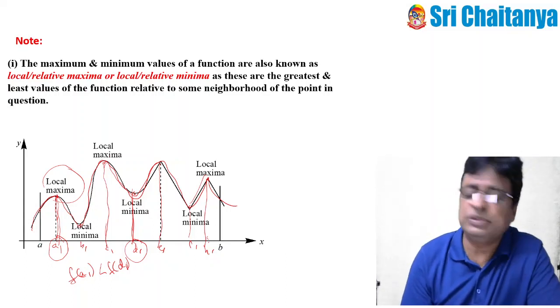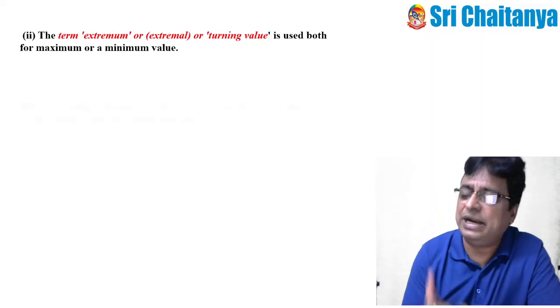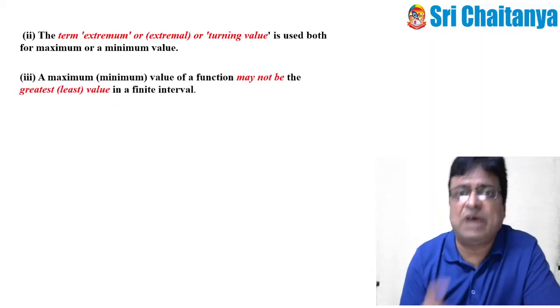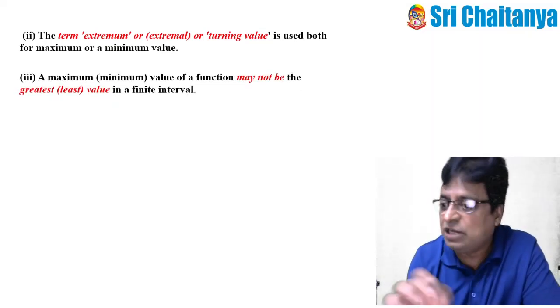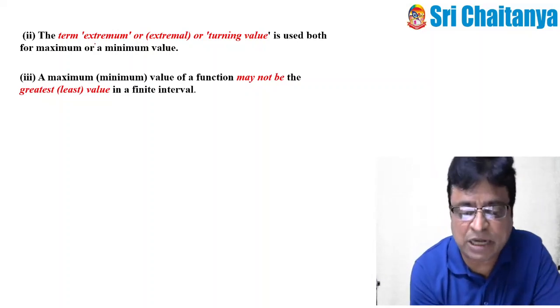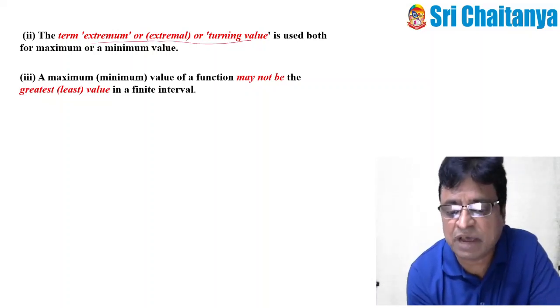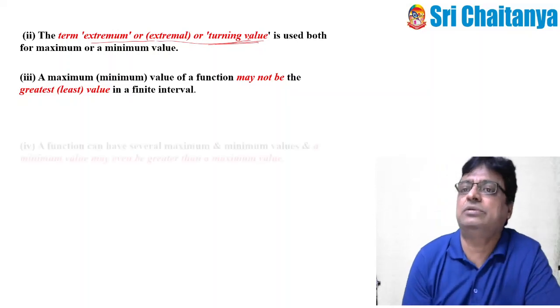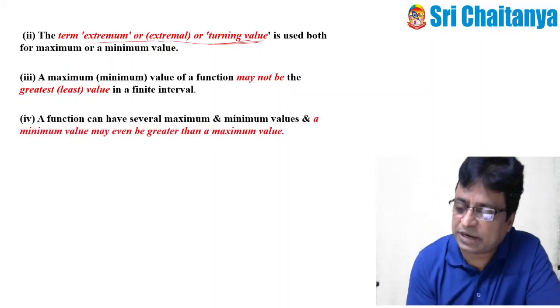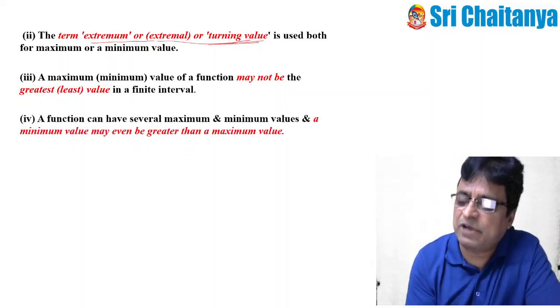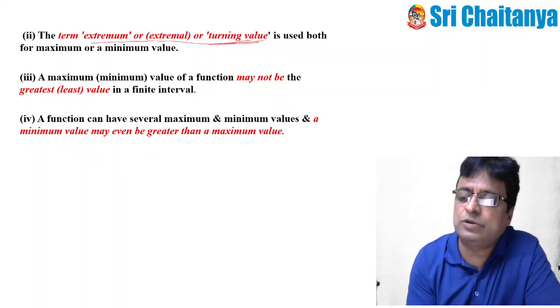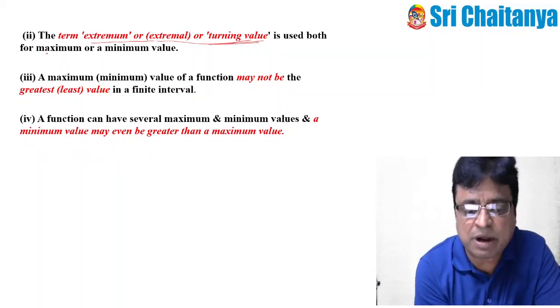Clear? So this is the difference between local maxima and local minima, and these values are also called extremum values or turning values.